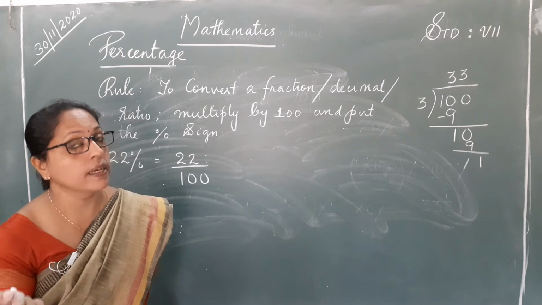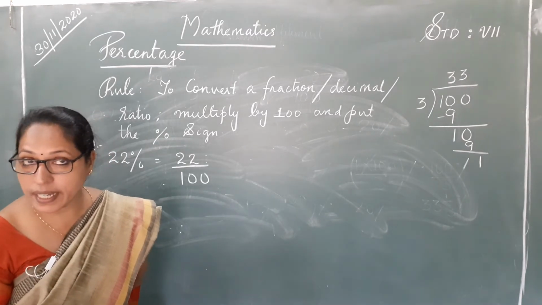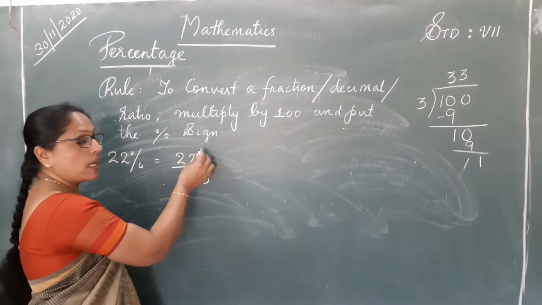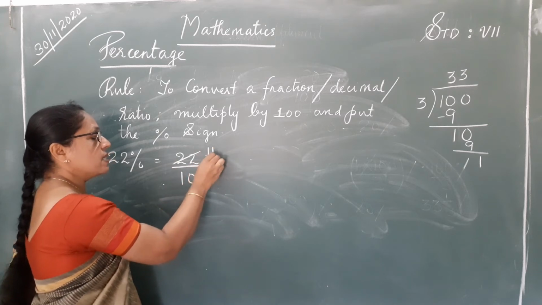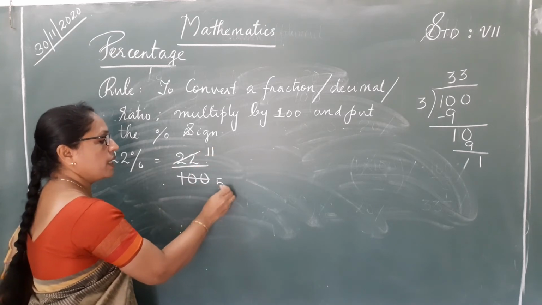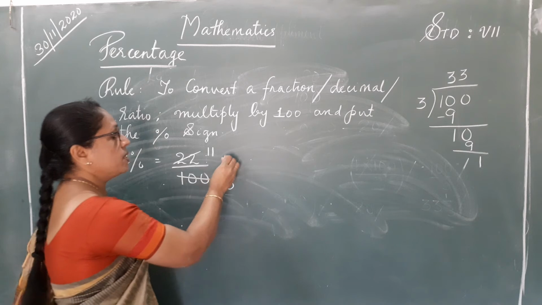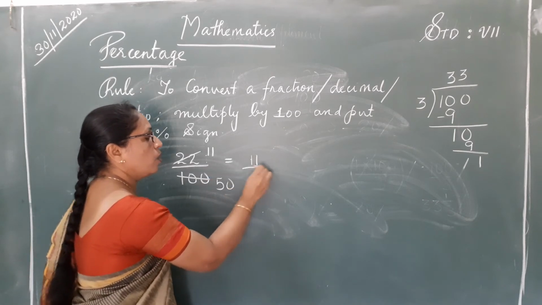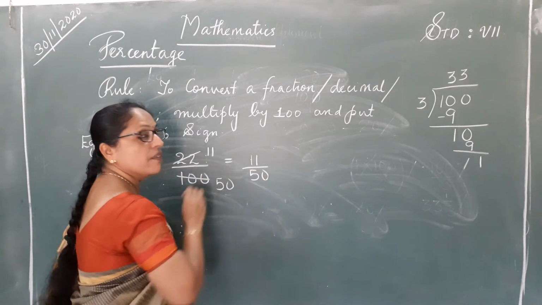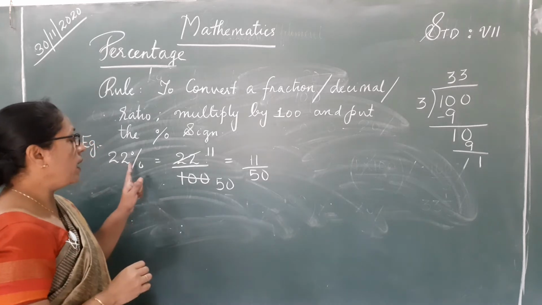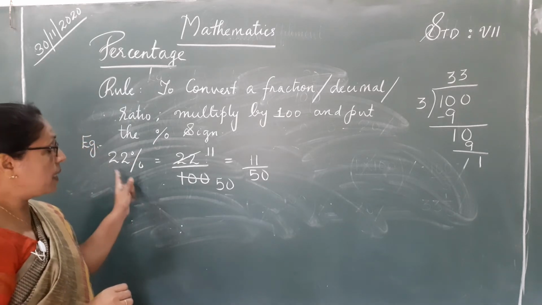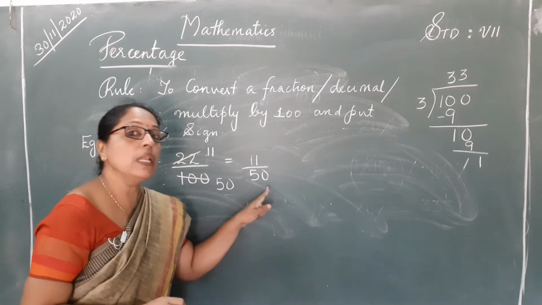That you know already, by simplification. Correct? So we can cut 2's table, 2 11s are 22, 2 50s are 100. So we obtain a fraction in the lowest form, 11 by 50. So this is the way of changing a percentage into a fraction in the lowest form.